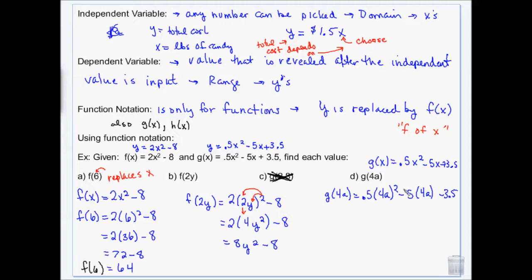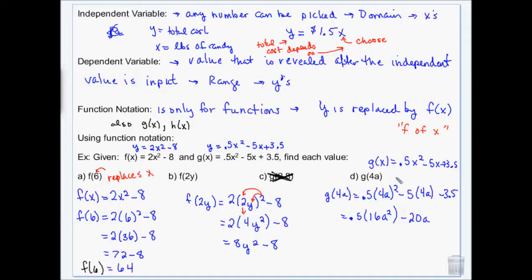So now when I square the 4a, oops, getting ahead of myself and writing down the wrong number. 4 squared is 16, a squared is just a squared. So the 4 squared became 16, and the a becomes a squared, minus 5 times 4 is 20a.